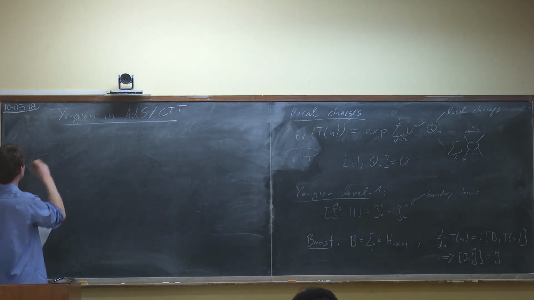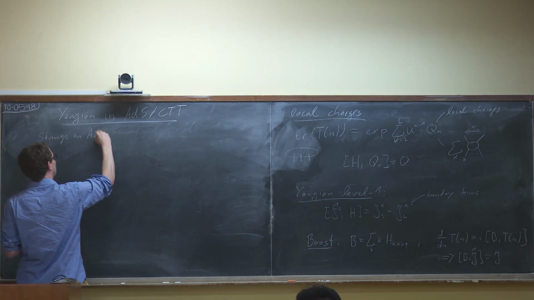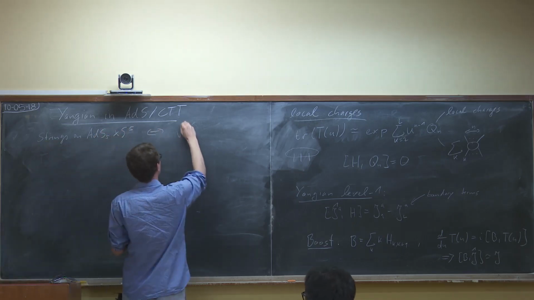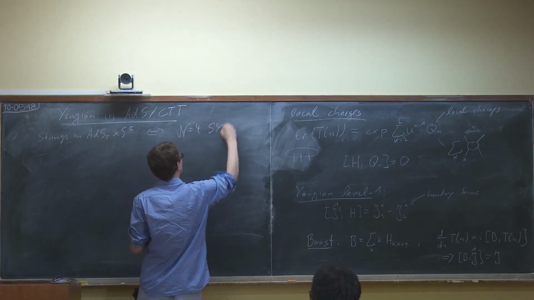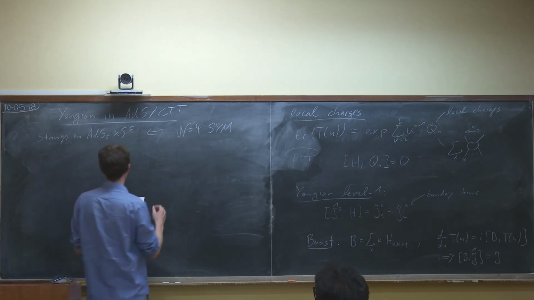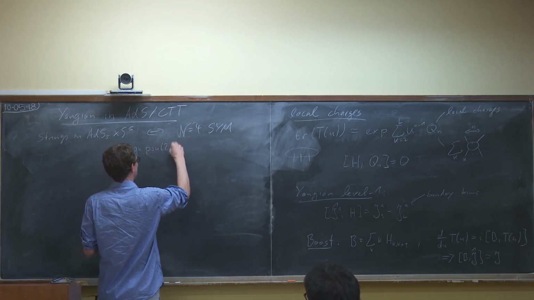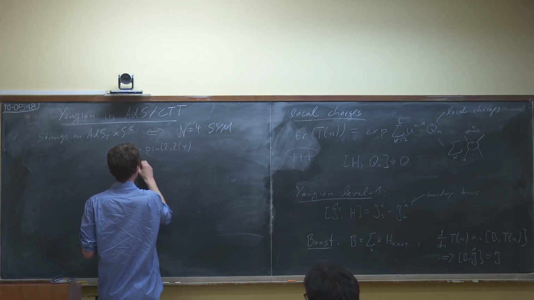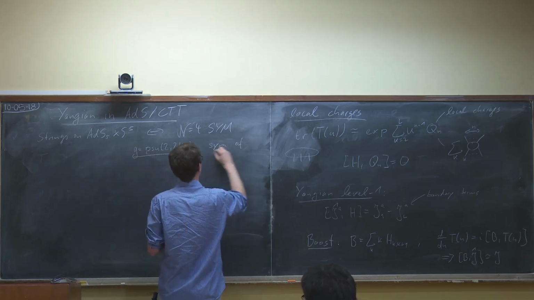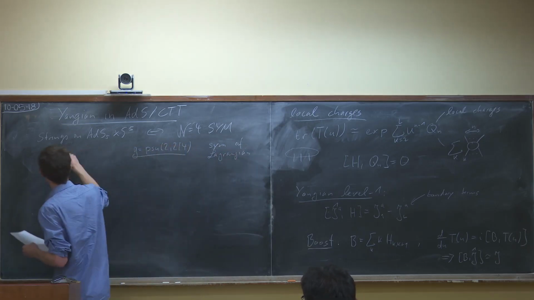What we want to look at is strings on AdS5 times S5, dual to N=4 super Yang-Mills theory, which both have the Lie algebra symmetry psu(2,2|4). Here this is the symmetry of the Lagrangian, and here these are the isometries.